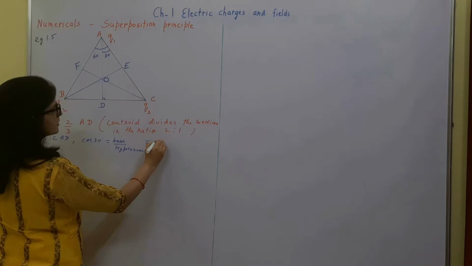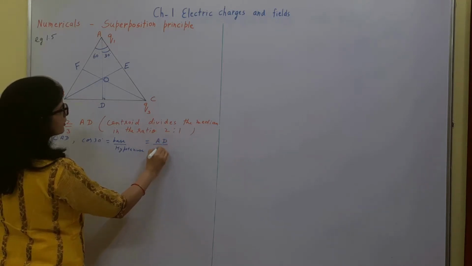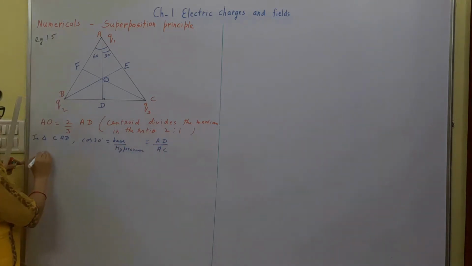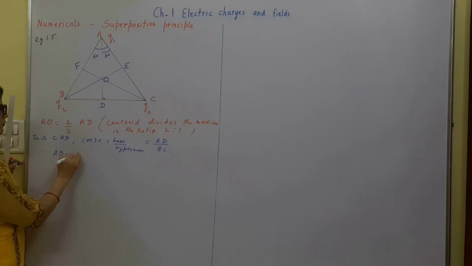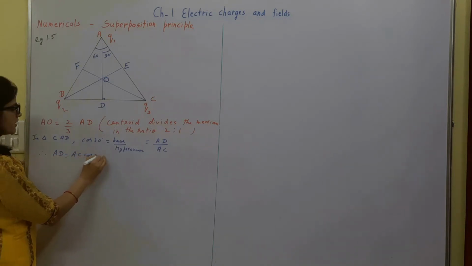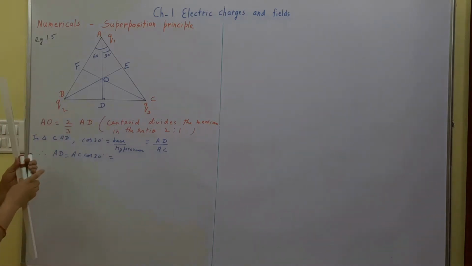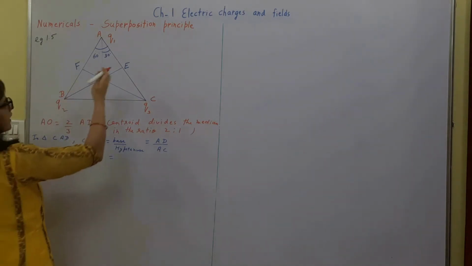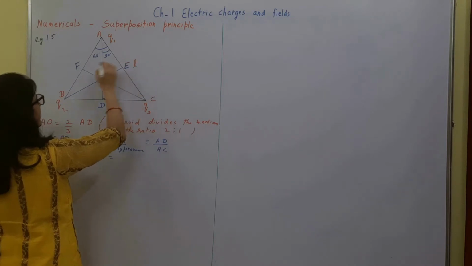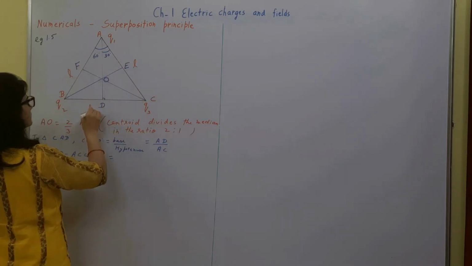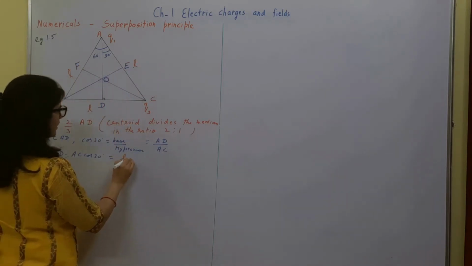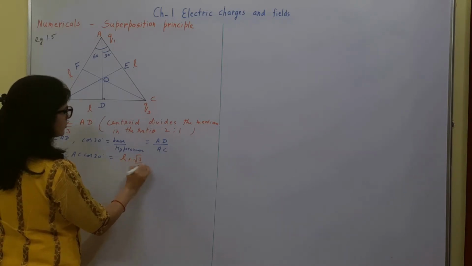So the base is AD upon hypotenuse is AC. So therefore AD is equal to AC cos of 30 degree, and AC is the side of the equilateral triangle, L. So that's why AC is L, cos 30 is root 3 by 2.